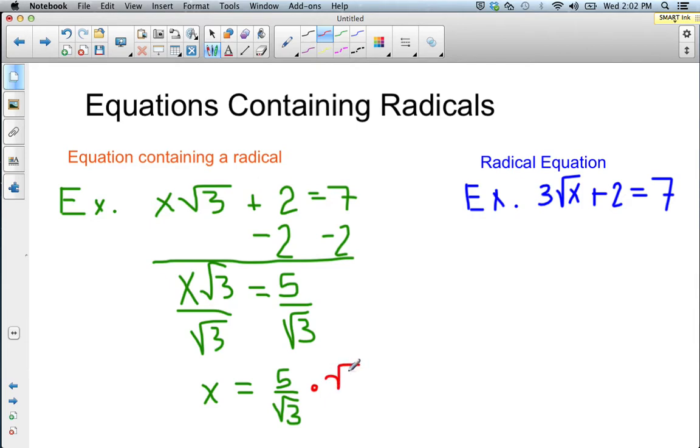So my clever form of 1 here is square root 3 over square root 3. Notice we're rationalizing a square root, so I want 2 3's in the denominator. So I end up with my final answer. I'll write it over here. X equals 5 root 3 over 3.